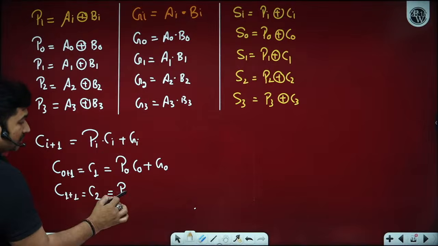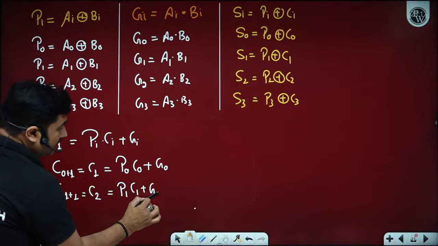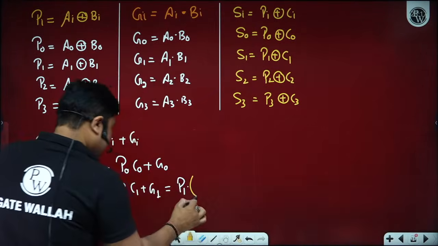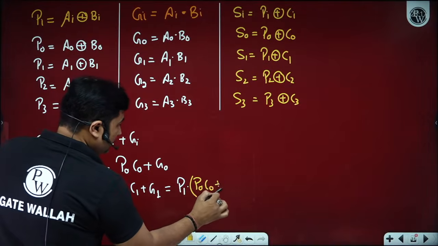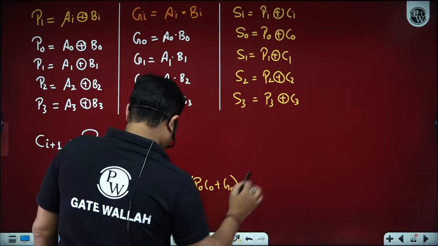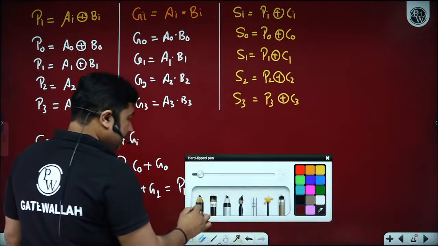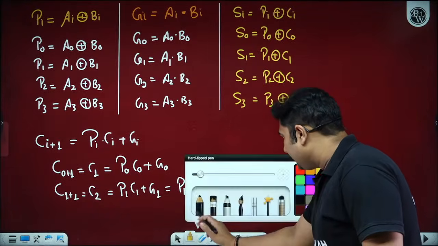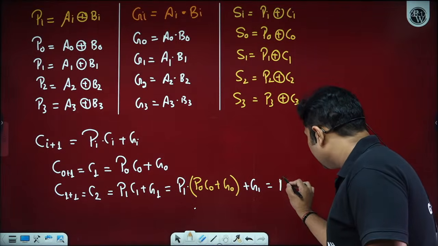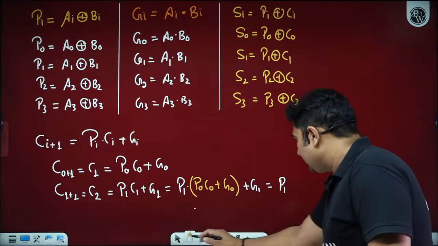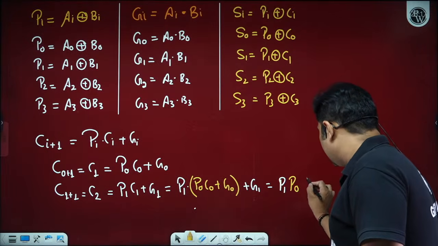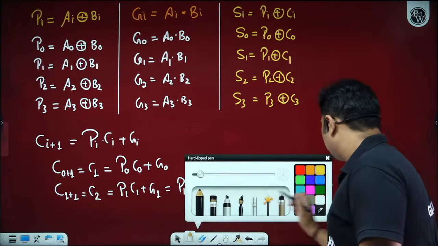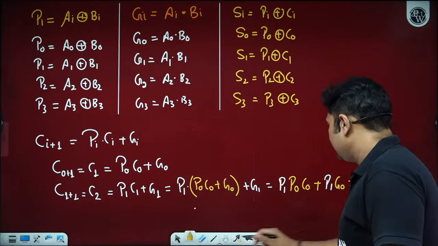So if we talk about C2, what does it become? With i equal to 1, P1 C1 plus G1. So we can write P1 and C1 can be represented as P0 C0 plus G0, then we have plus G1. That indicates we can generate C2 as well from the propagating term, generating term and initial carry: P1 P0 C0 plus P1 G0 plus G1.